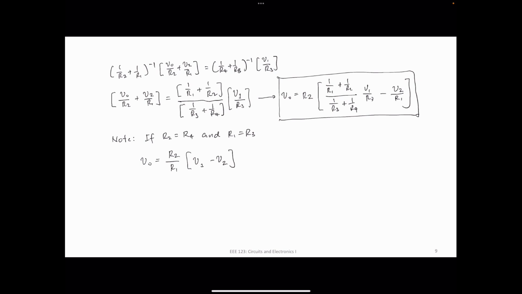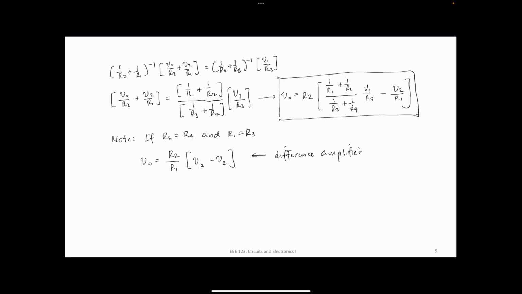So you call this a difference amplifier. The difference amplifier actually has many good uses in instrumentation, and you're going to find that out in the future.